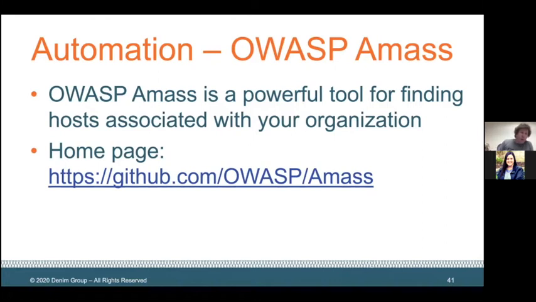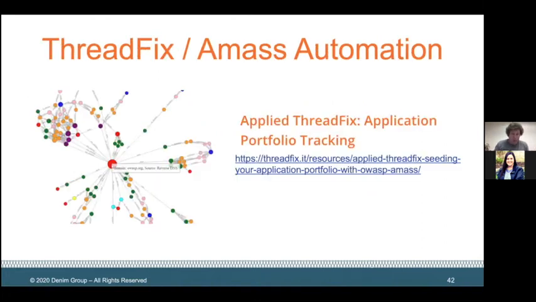What we've done, which we'll show you here, is some scripting using Amass and the ThreadFix API to say we want to run Amass on an ongoing basis, and whenever we find new application assets, we want to automatically create those inside of ThreadFix. Again, we've got a blog post you can look at to review this.